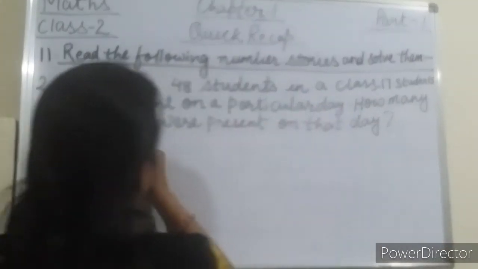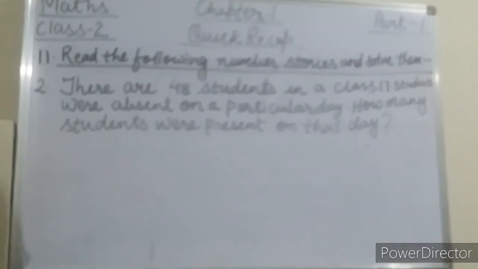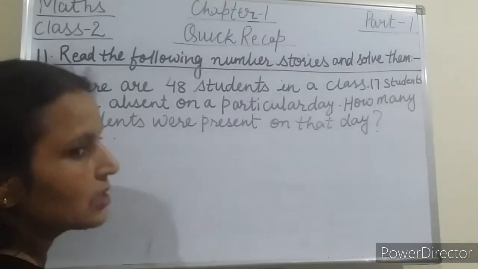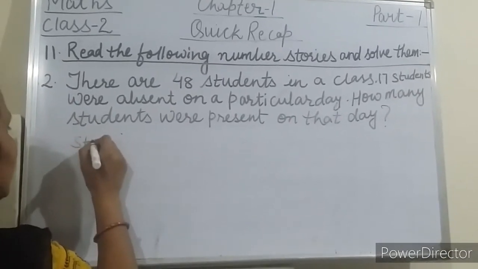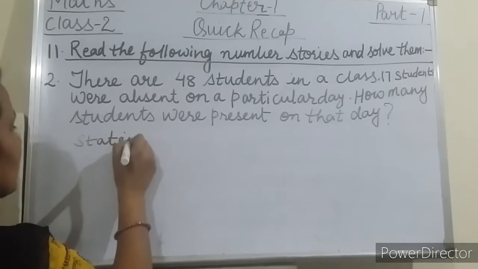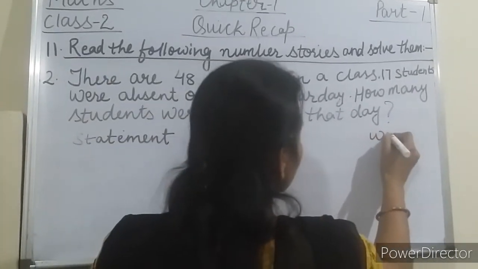How many students were present on that day? So students, what do you have to do? Again you have to write statement and workspace. So write statement here, and workspace here.